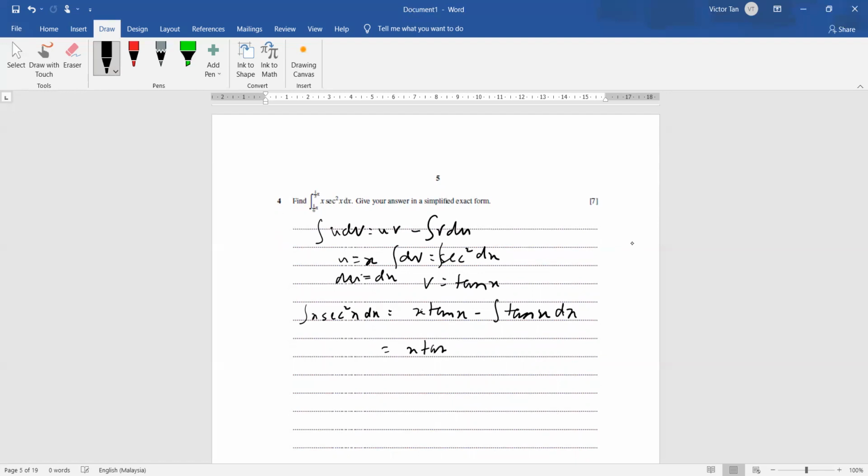Okay, so this is x tangent x minus the integral of tangent x, which is sine x over cos x dx. Now this is in the form f'(x) over f(x) dx. So when you integrate this, you get ln f(x).